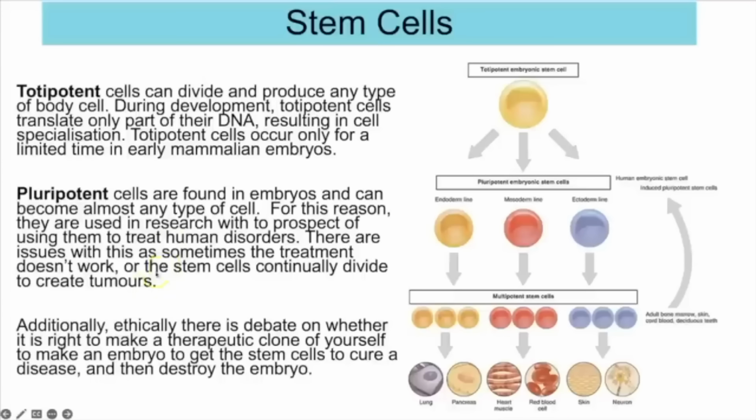On top of those practical issues, there are ethical issues as well, because there's a debate as to whether it's right to make a therapeutic clone of a patient in order to create an embryo genetically identical to them, to get the stem cells to cure a disease, and then after that, destroying the embryo as well.